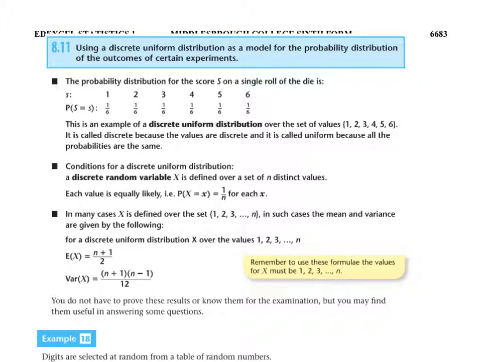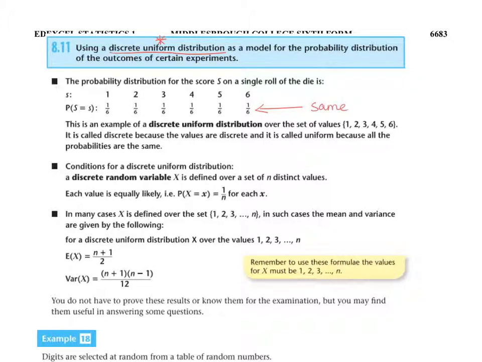So the probability distribution for the score on a single roll of a die, as we know that. Now, you notice the key words there, this is called discrete uniform. There's your new word, uniform. And why is it uniform? It's because all the probabilities are the same.